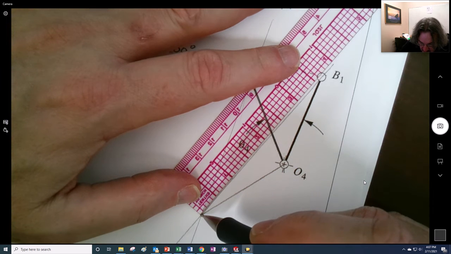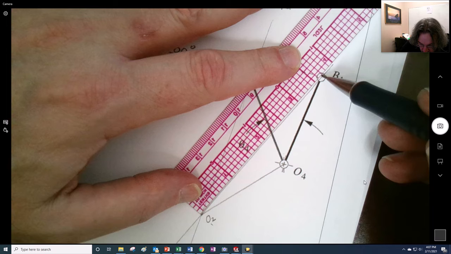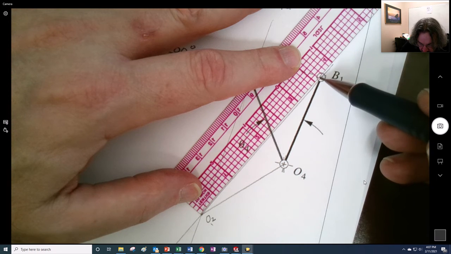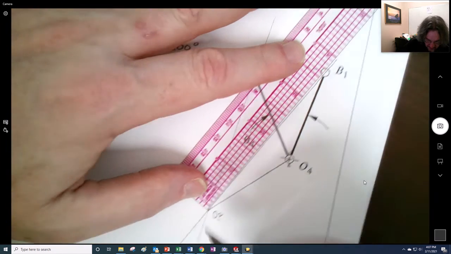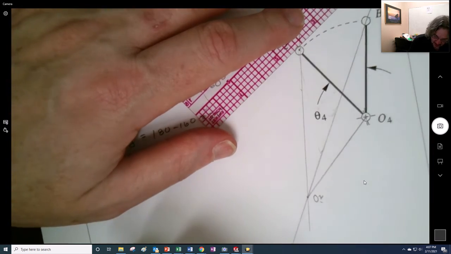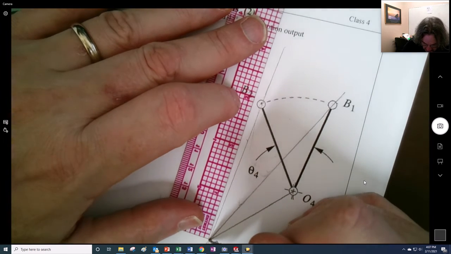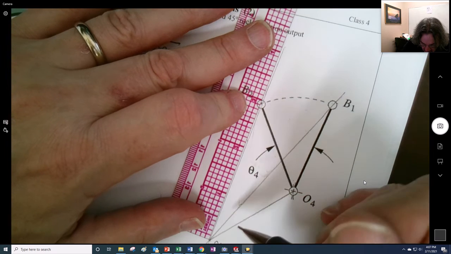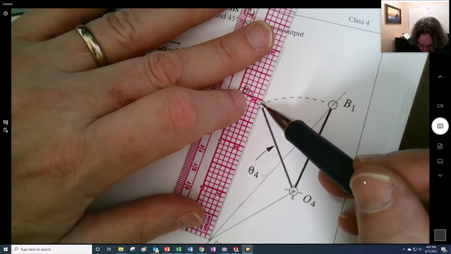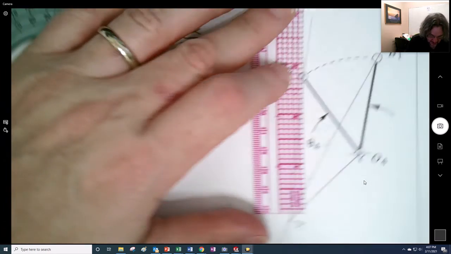So at least for my special ruler here, it's 3.65. That's going to be our O2 B1, and then our O2 B2 is going to be, well, that's really close, looks like 2.9.